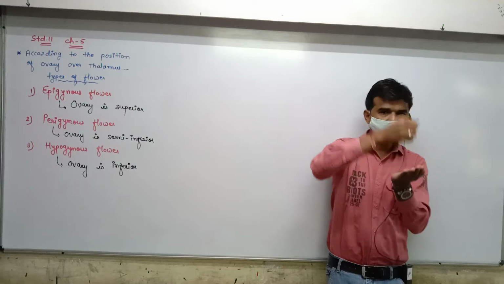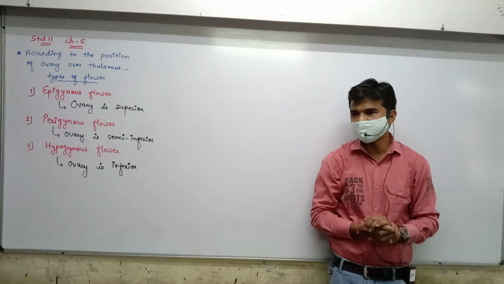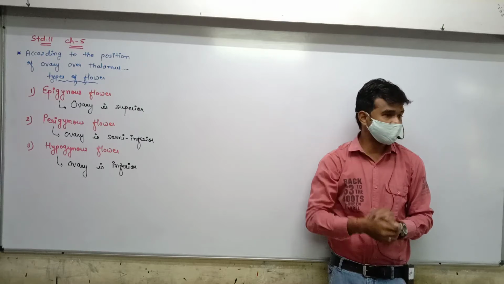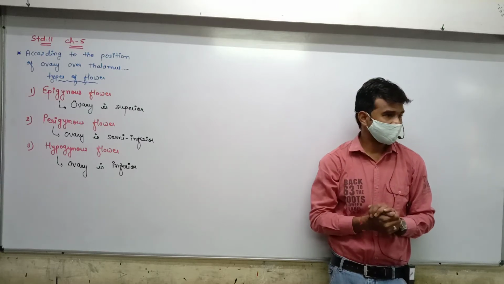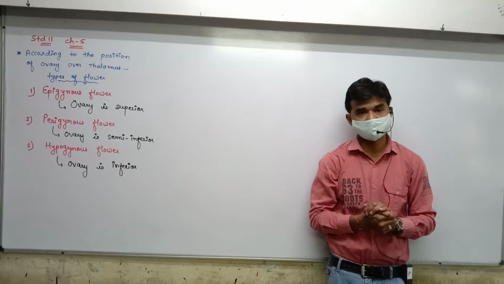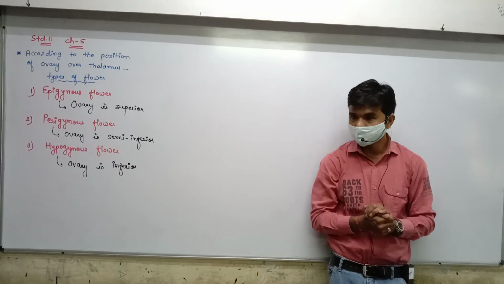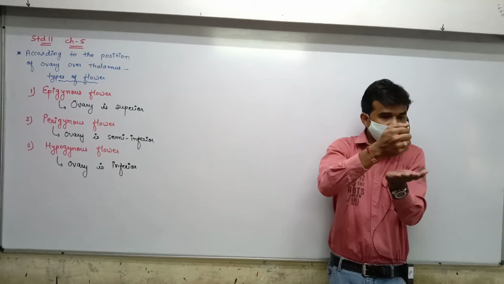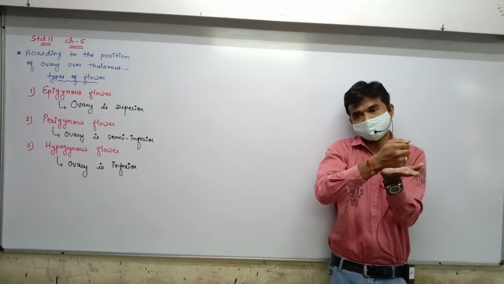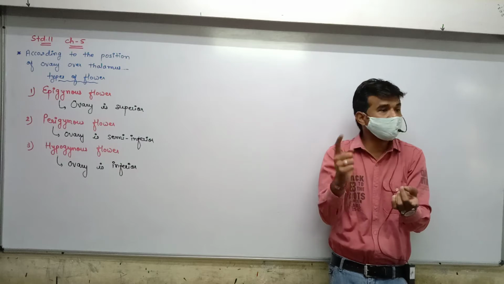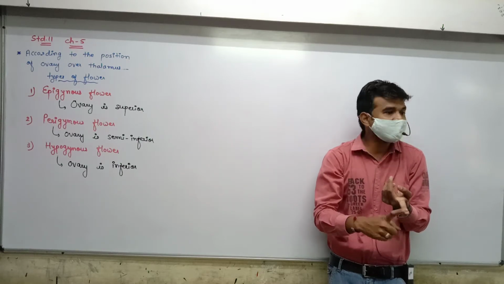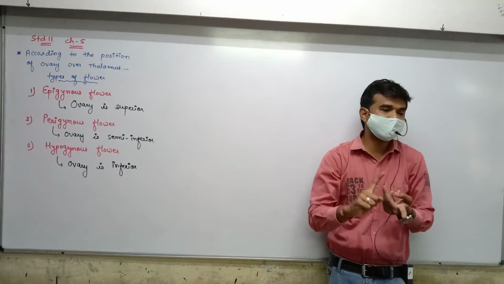When you take the longitudinal section of the flower, you observe that the ovary is located just above the thalamus. This type of ovary is known as superior ovary, and this type of flower is known as epigynous flower.